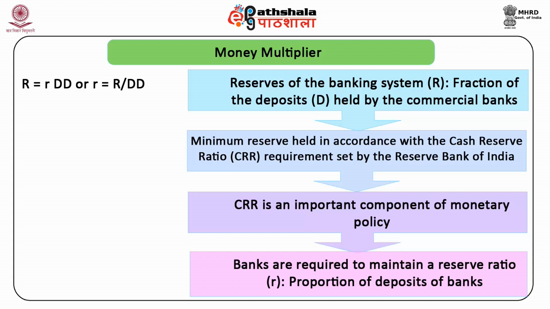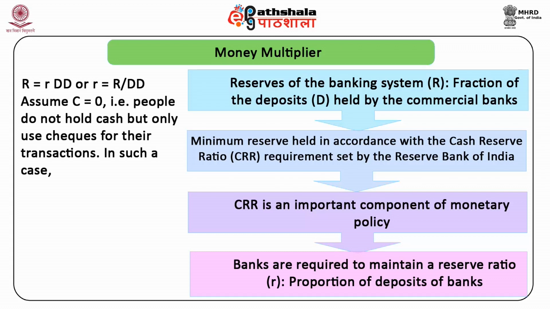For simplicity, we assume C is equal to 0. That is, people do not hold cash but only use checks for their transactions. In such a case, H is equal to R, M is equal to DD, capital R is equal to small r into DD.